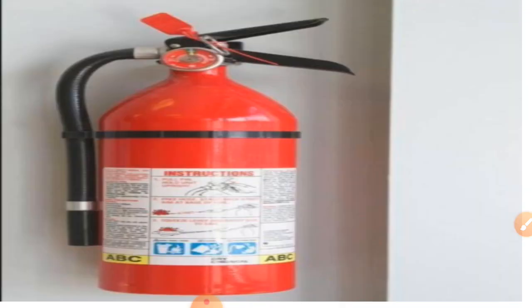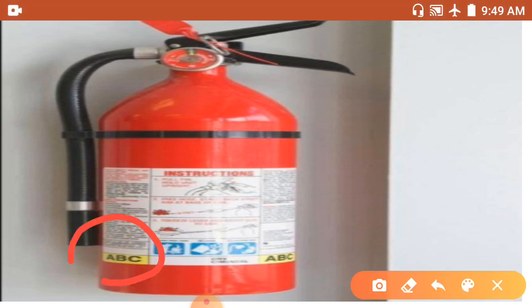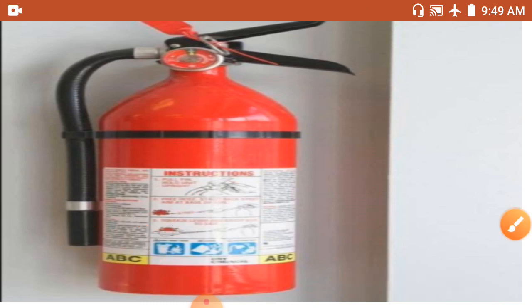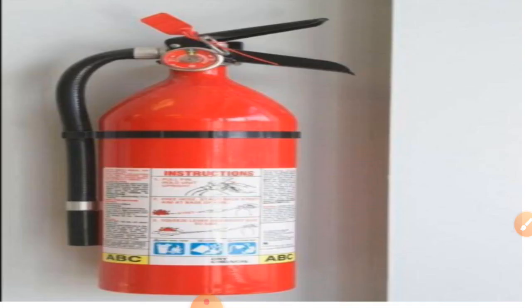Now students, you can see here there is written A, B, and C. So A is helpful for paper, wood, etc. B is used for gasoline, propane, and solvent, etc. And C means electric equipment. So it is used for this purpose.